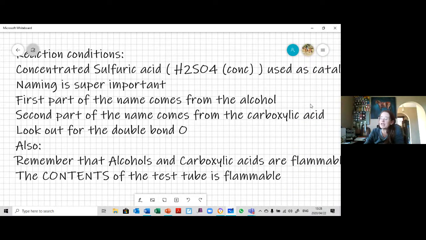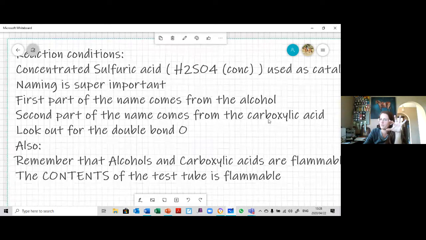If you are given the structure of an ester and you're not sure which part belongs to the alcohol or which to the carboxylic acid, look for the double bond O. The double bond O in the ester structure is attached to the carboxylic acid. Luke, I hope that answers that question. I hope that helps, guys.